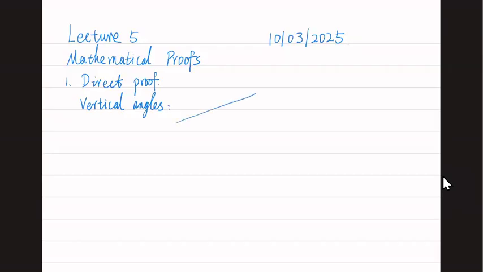Vertical angles, you have intersection of two lines. The angles share the same vertex right across each other. We call them vertical angles, a pair of alpha and beta.